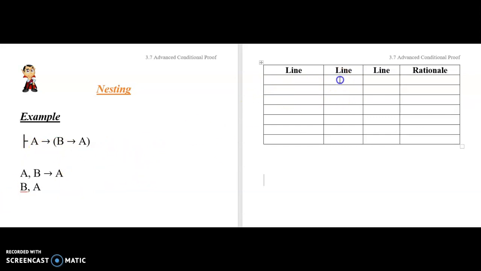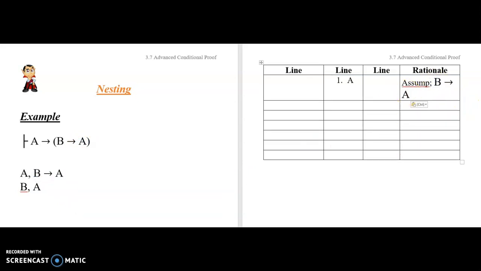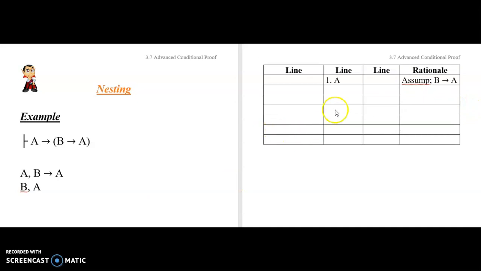Well, we noted that you can assume A, right? So we're going to do line 1, A, and from that assumption we're going to be looking for if B, then A. Just like this. Now we're looking at what we're looking for, which is a conditional in this case.